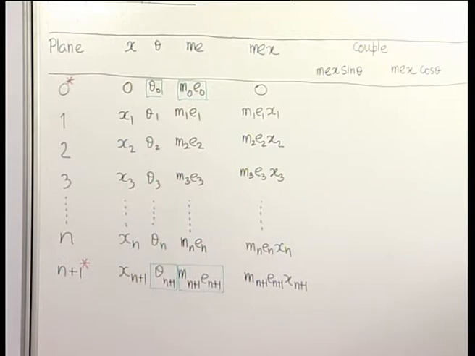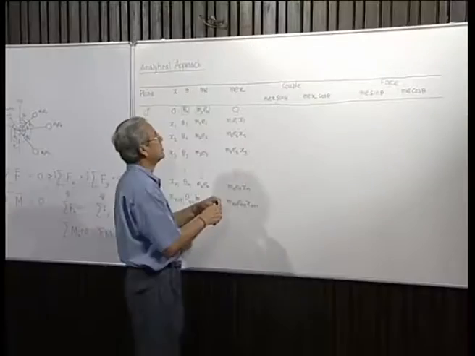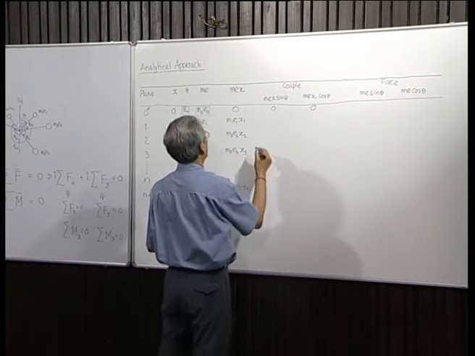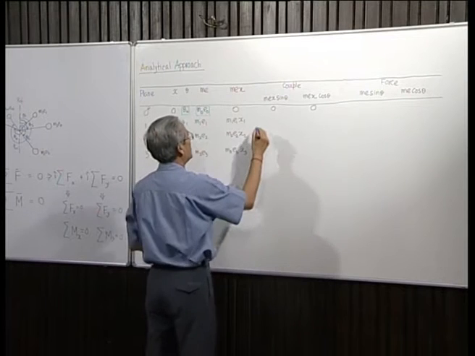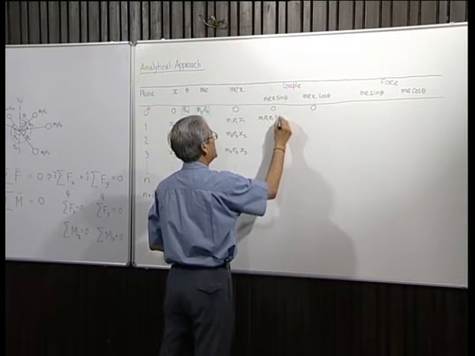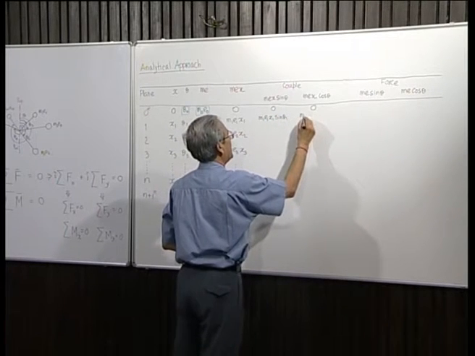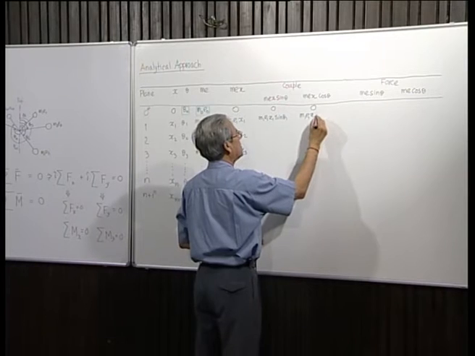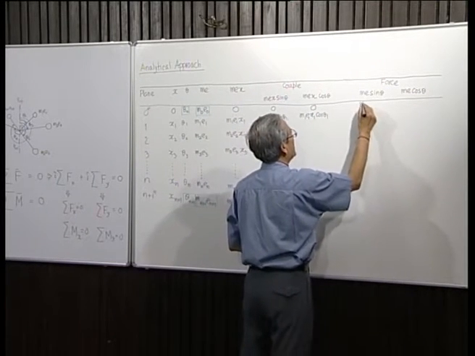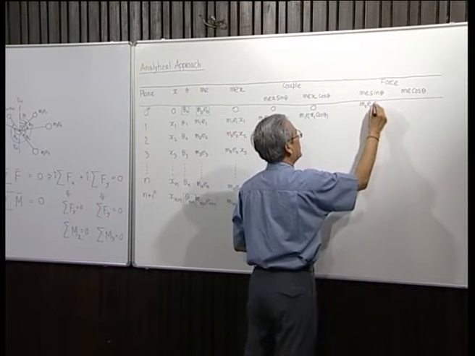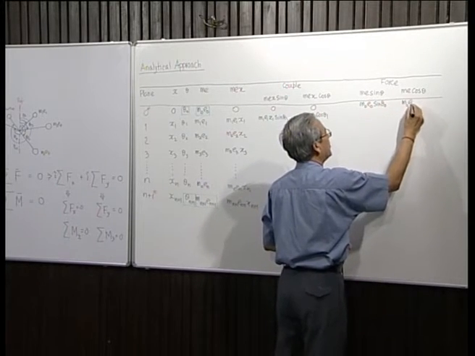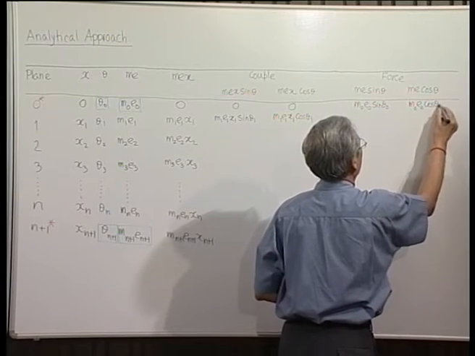So, now here of course, couple it will be 0, this component will be 0, this component is also 0 because m e x itself is 0. Here it will be m 1 e 1 x 1 sin theta 1, here it will be m 1 e 1 x 1 cos theta 1. Here of course, it will be m 0 e 0 sin theta 0, here it will be m 0 e 0 cos theta 0.